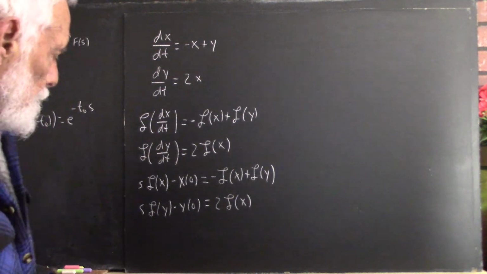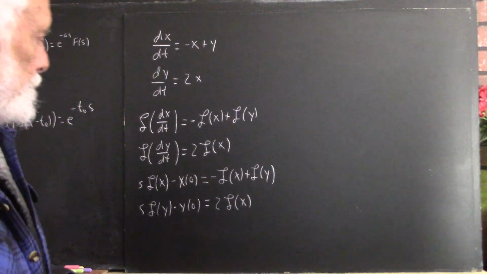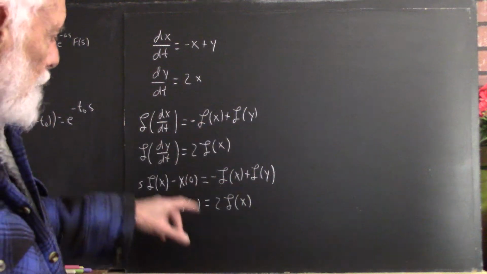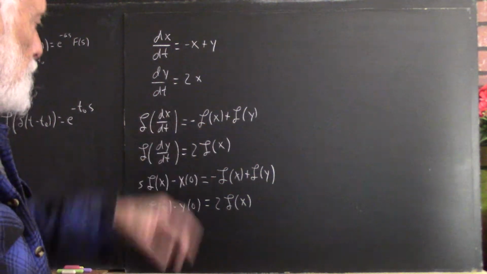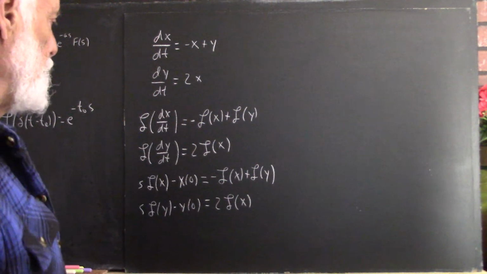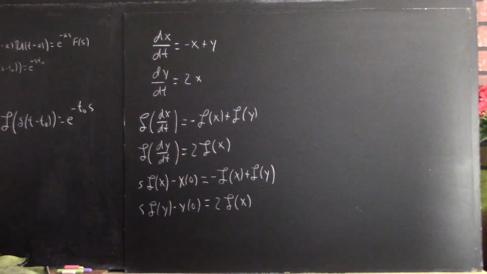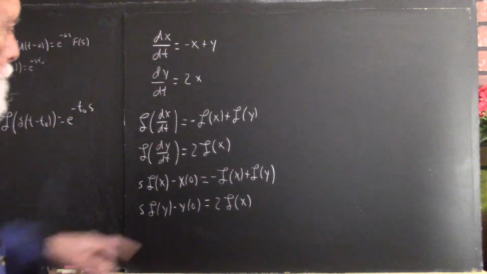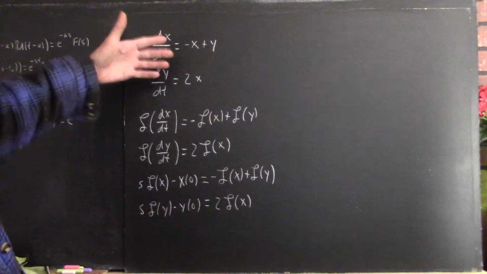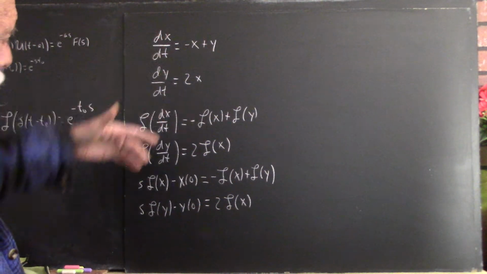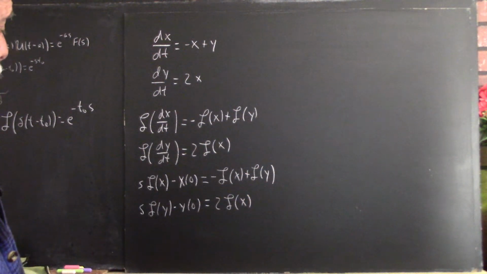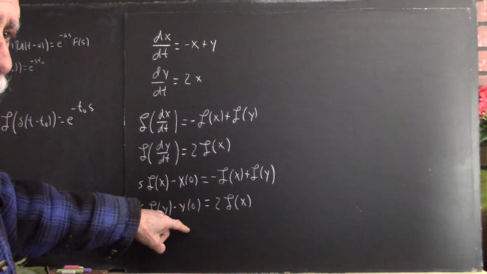Now if you think ahead a little bit, I'm not going to put in x of 0 and y of 0 until the next step. So, it may be even not till the one after that. Because of course your initial conditions can change. Whatever the system is, its response is going to be dictated by the Laplace transforms and the initial conditions.